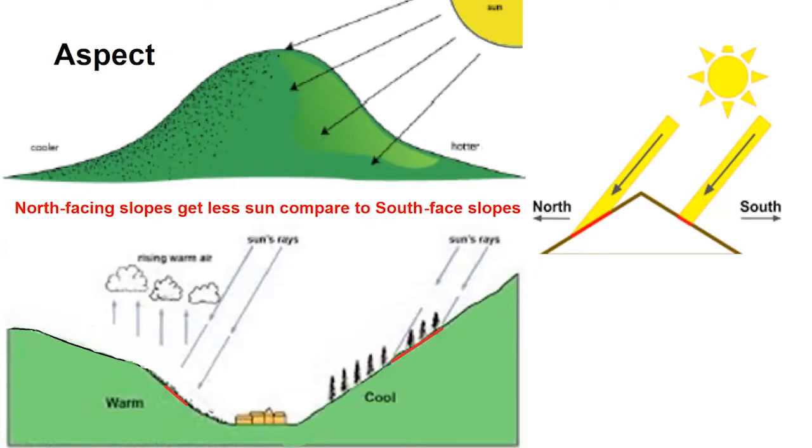snow on the south-facing slope, whereas the north-facing slope would be cooler, and it's just because of this simple phenomenon here. We will have intense energy or light per area.